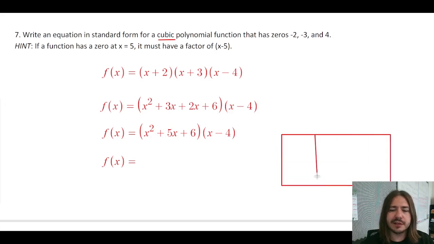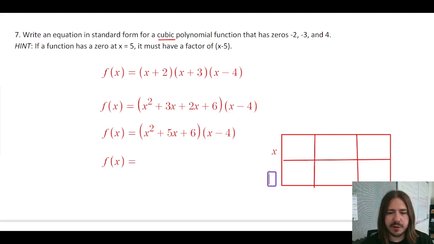I like to use a little box method here, keep my work organized, make sure I hit everything that I need to. So here I'm multiplying a trinomial by a binomial, which is why I've got a 2 by 3 box here. So I'm just going to say x minus 4 down the side here. Make sure I multiply both of those terms by every term in the other polynomial, the x squared, the 5x, and the 6.